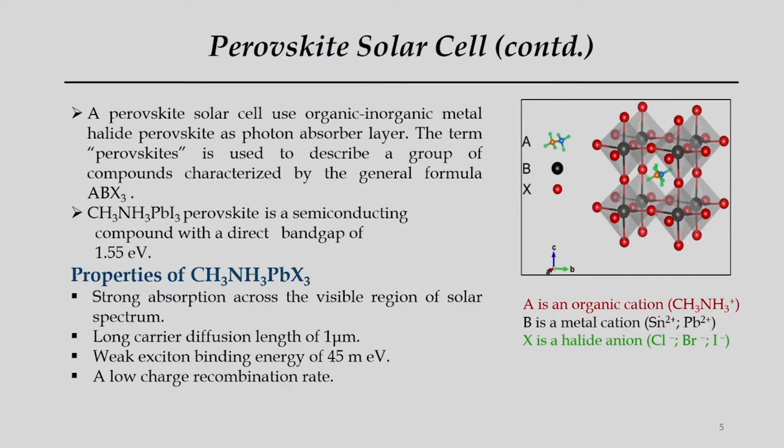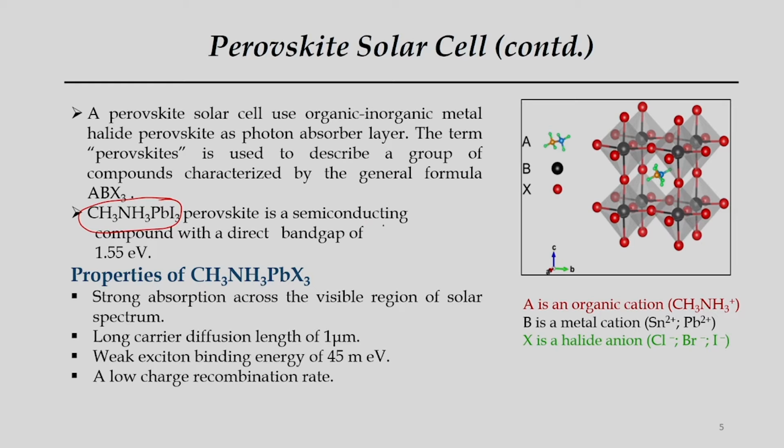A is an organic cation, its chemical formula is something like CH3NH3+, and B is a metal cation, or inorganic cation, so it may be Sn2+ or Pb2+, and X is a halide anion, maybe Cl-, Br- or I-. So, its chemical formula will be something like this.